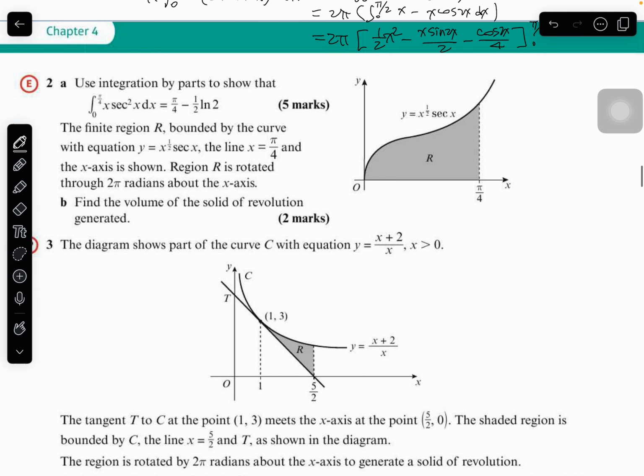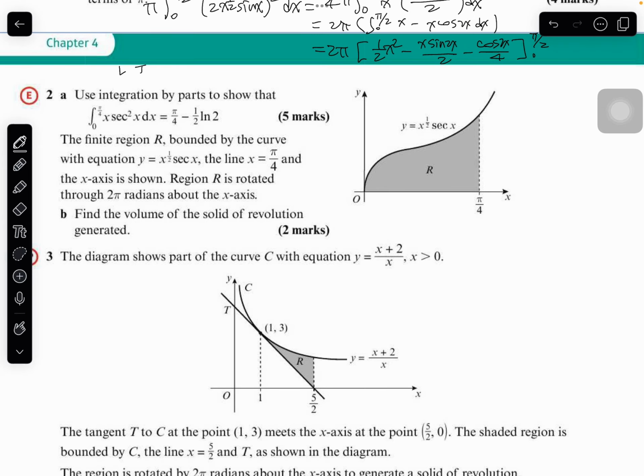Number 2, integration by parts. Show that x secant squared of x, repeat. So the left side is u, the right side is v prime. So x is polynomial, secant squared of x is v prime.